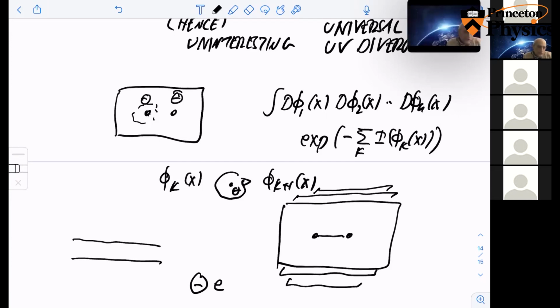To answer such a question, you look at not theta, but theta times e to the minus epsilon H on each side for small epsilon. Then after answering the question for small epsilon, you take the limit as epsilon goes to 0. Now it's conceptually clear. Theta is in the middle of the sandwich. We have a wave function that depends on n fields below and it depends on n fields above.